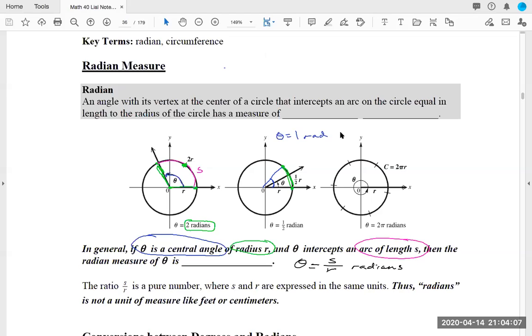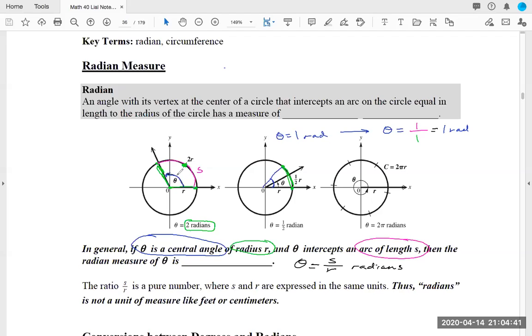So for this, you can kind of think theta would be equal to, in this case, S would be 1, and R would be 1.